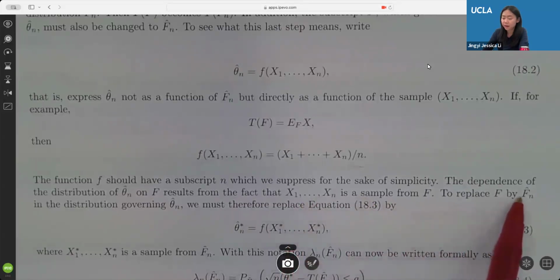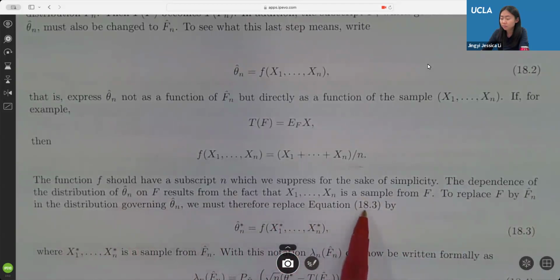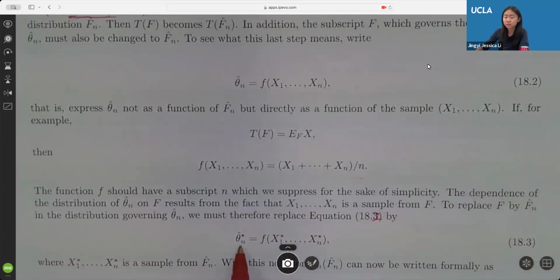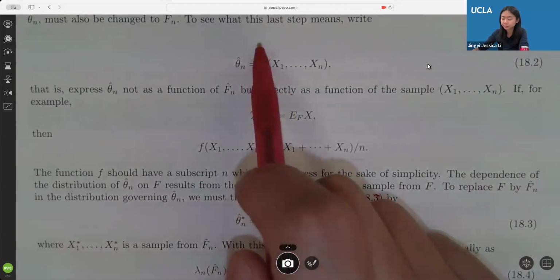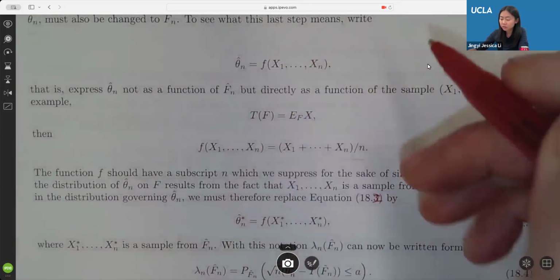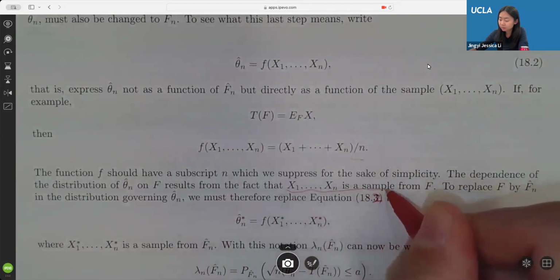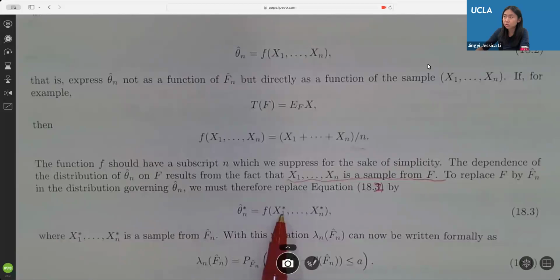To replace F by F_n hat in the distribution governing theta_n, we must therefore replace equation 18.2 by this. So you're going to compare this one and this one. What's different? Here, X1 to Xn is from F, while in here we add a star to each Xi.